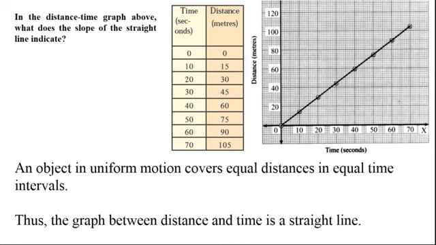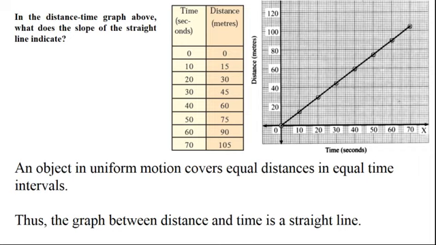The question they ask here is, what does a straight line indicate? This is the straight line, and what does it indicate? The object moves in uniform motion, covering equal distances in equal intervals of time. As you know, what is the definition of uniform motion?